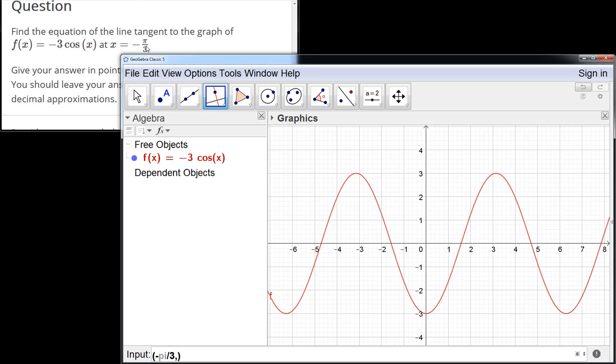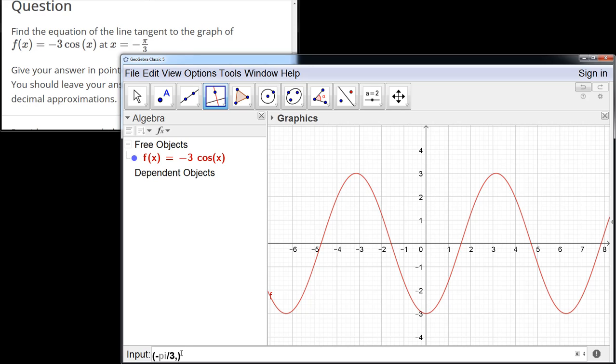Well, one way to figure out the y-coordinate is to put -pi/3 into this function. And if you do that, you should get, I think, -1.5. So I shouldn't have spoiled it for you. I should have made you think about it.